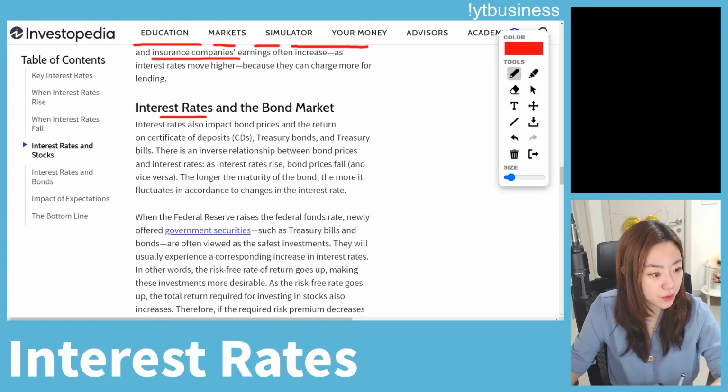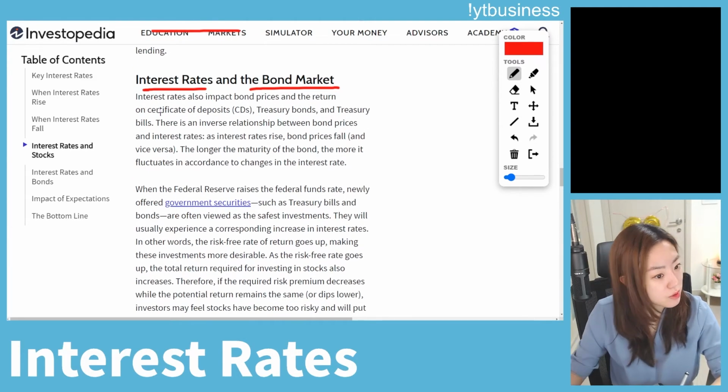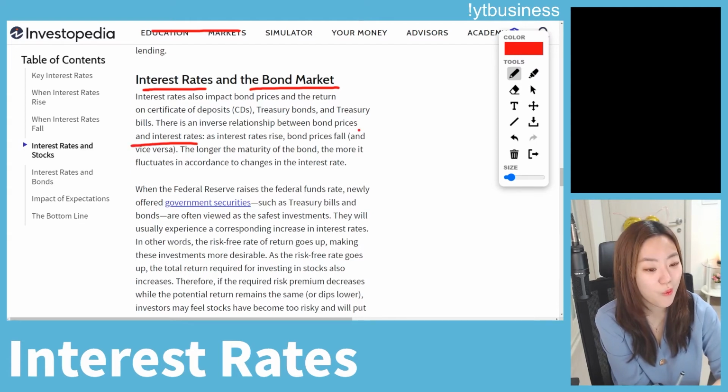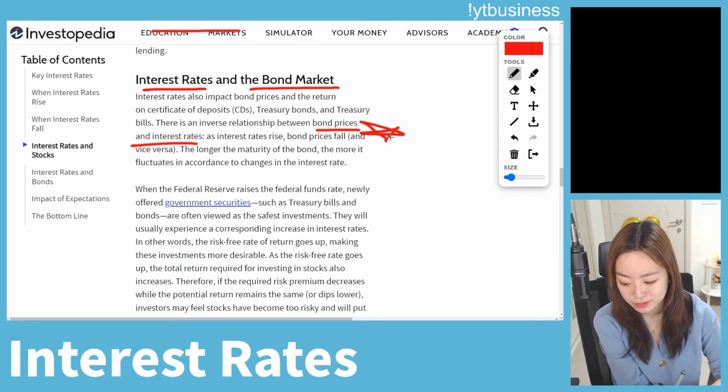Now, how does interest rate affect the bond market? The interest rates also impact bond prices and the return on certificates of deposit, treasury bonds, and treasury bills. There is an inverse relationship between bond prices and interest rate. Oh, I like "inverse."